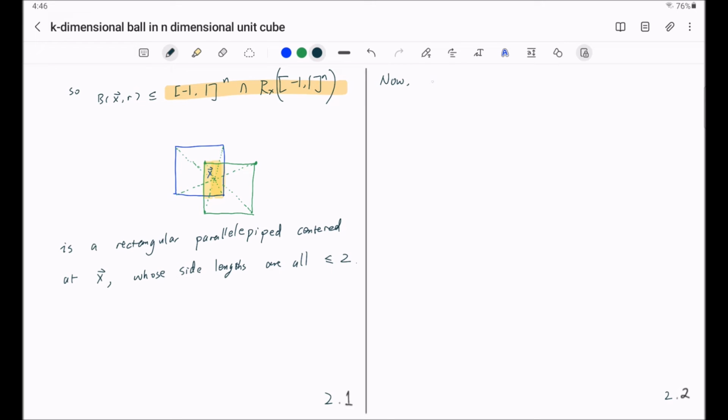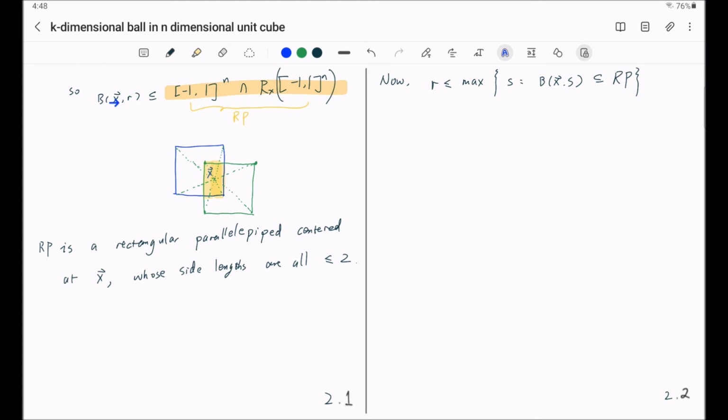And now, this radius r is less than or equal to the maximum of s, where s is the radius of this ball centered at x that is contained in this intersection. For convenience, let's call this intersection RP, rectangular parallelepiped.